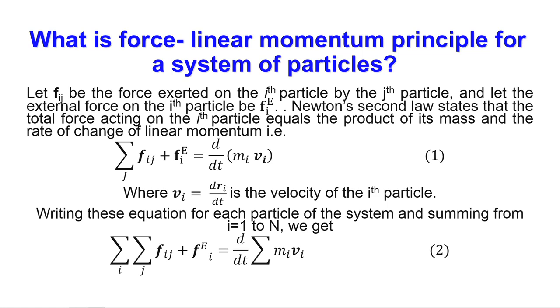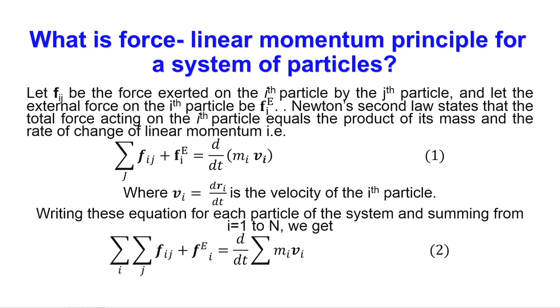On the left side, the first term is the sum of Fij for j equals 1 to n, where Fij means the force exerted on the ith particle by the jth particle, and Fie is the external force on the ith particle.